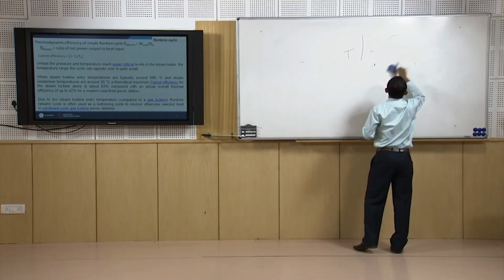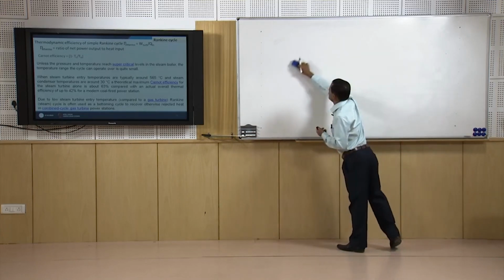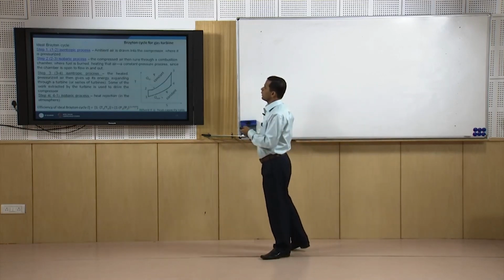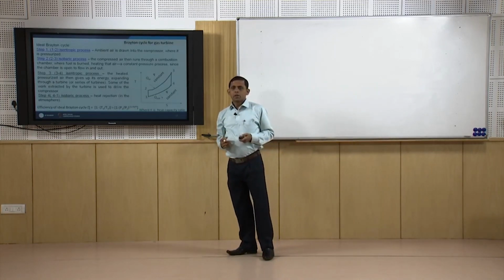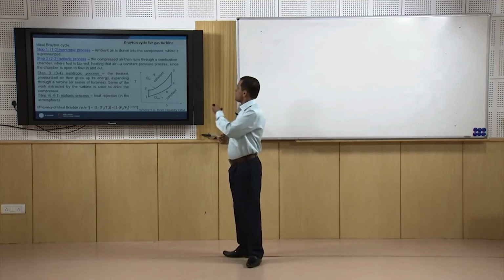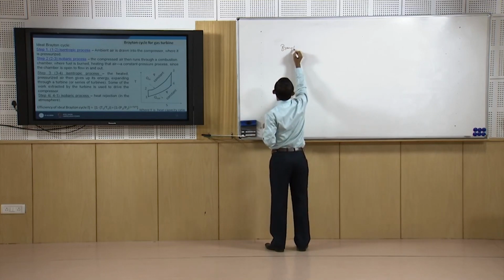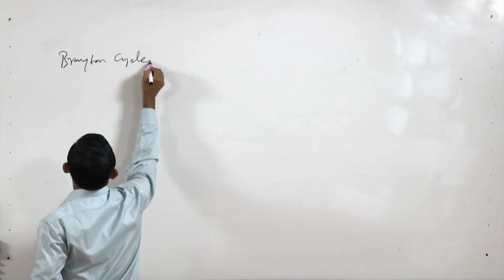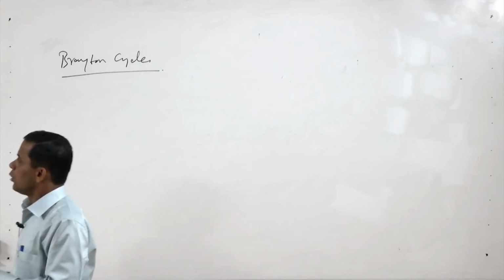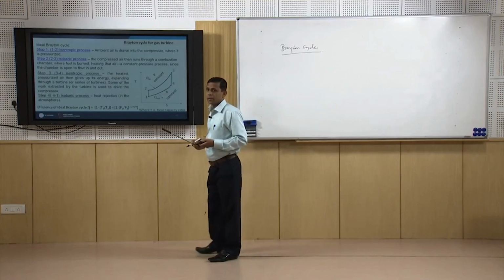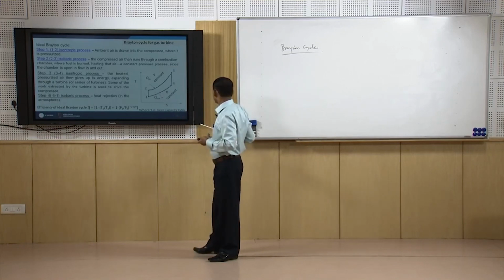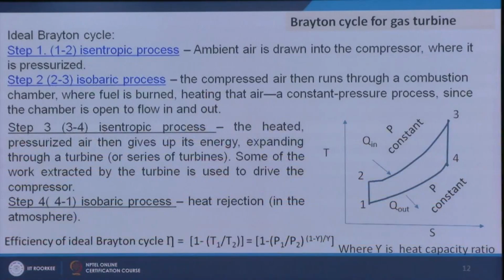Now, we will see the thermodynamic cycle which is used to understand the working of a gas turbine. The gas turbine is represented by the Brayton cycle. In this cycle we have again 4 steps. The first step, 1 to 2, is an isentropic process, ideal one.